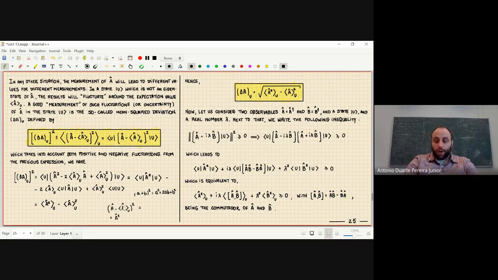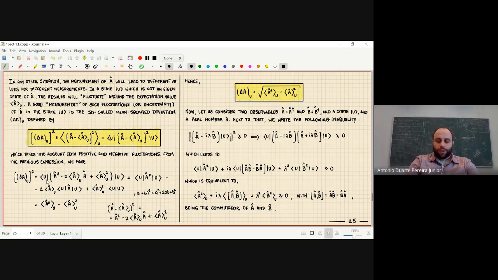But here they also commute because this is an operator and this is just a number times the identity operator. So you can write minus 2 expectation value of a in the state u, a hat. Okay? And finally, I have the last term, which is the b squared, which will be plus the squared expectation value of a. Okay? So just squaring this term will give me this contribution here.